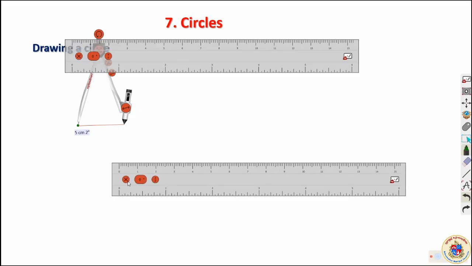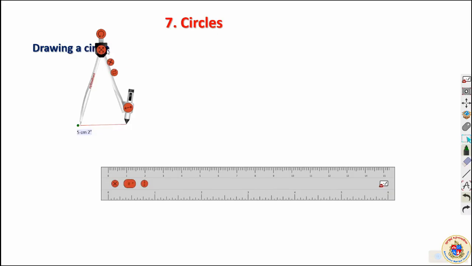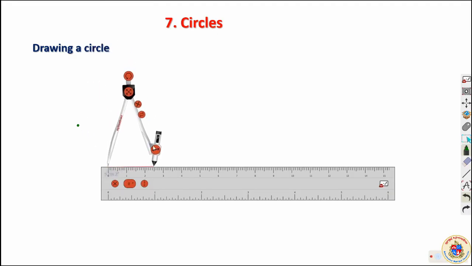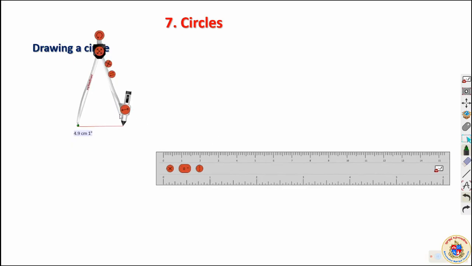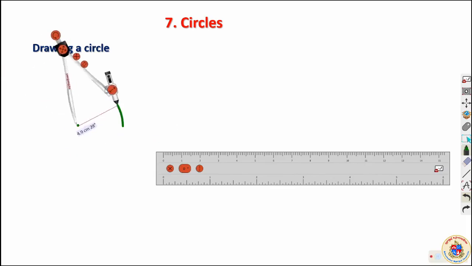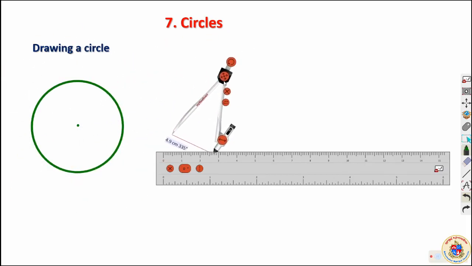Understood? For example, if I have to draw, I will take the compass onto the scale, measure how much I want, make that much measurement, and draw the circle at the position where I wish the center of the circle should be. And a circle comes out. If I take another radius, the circle will be of another size.